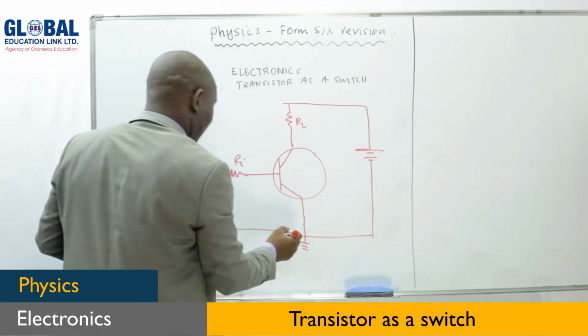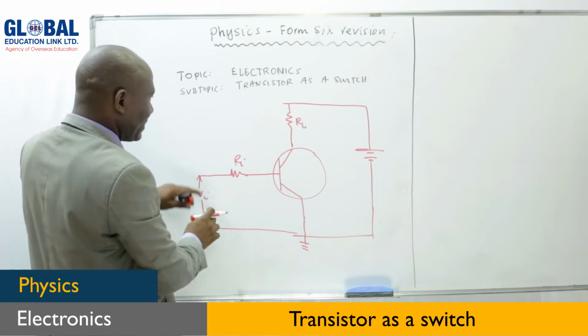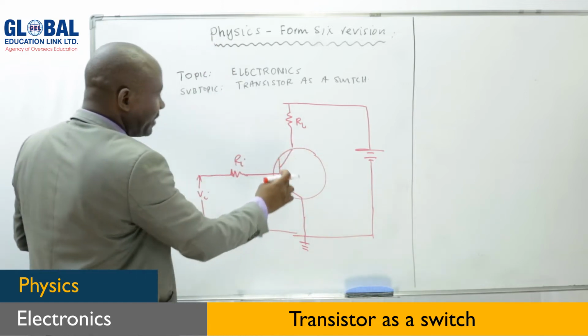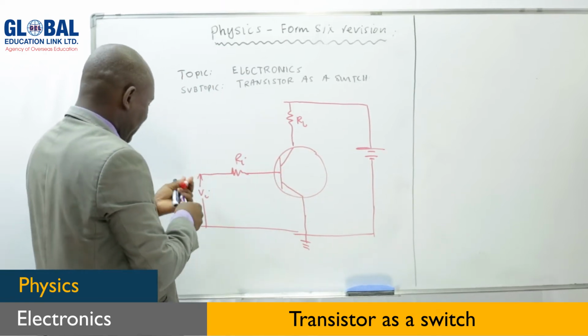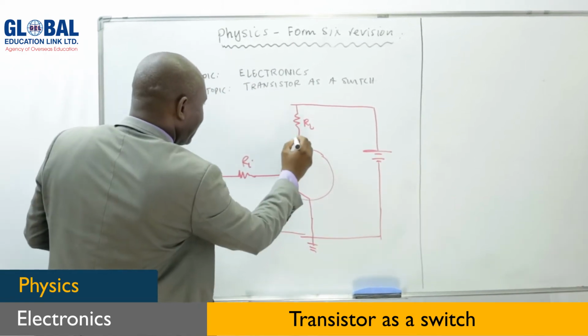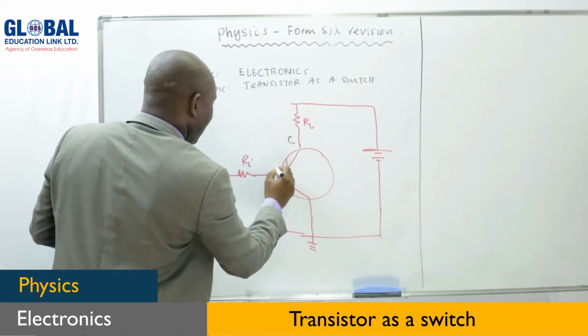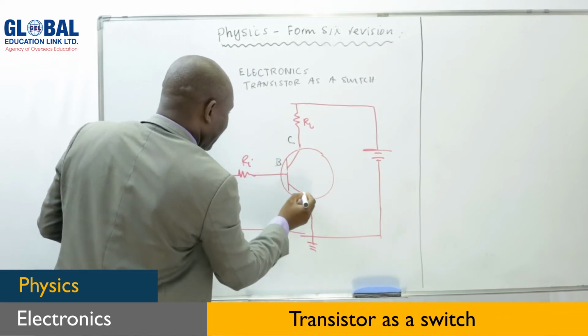This is our input. Of course, we have the voltage applied here, but the output is supposed to be collected across the collector and the emitter. So that's where you find the output. This is our collector, this is our base, this is our emitter.